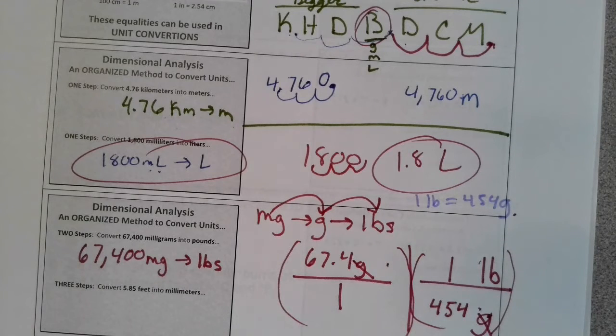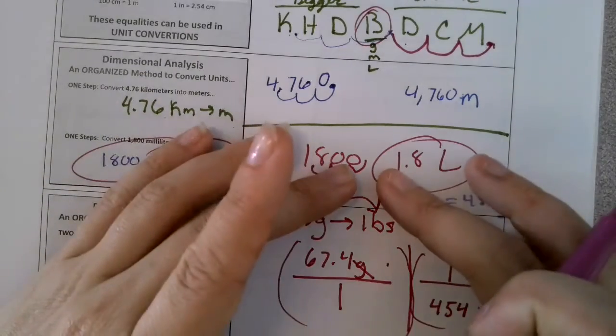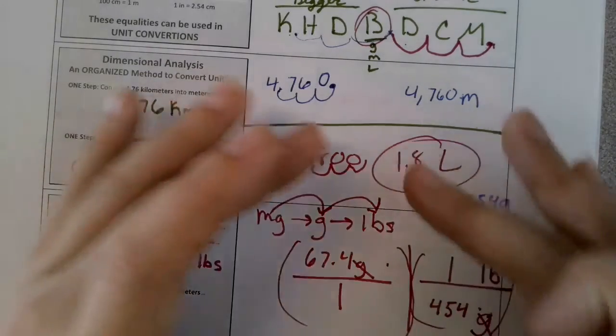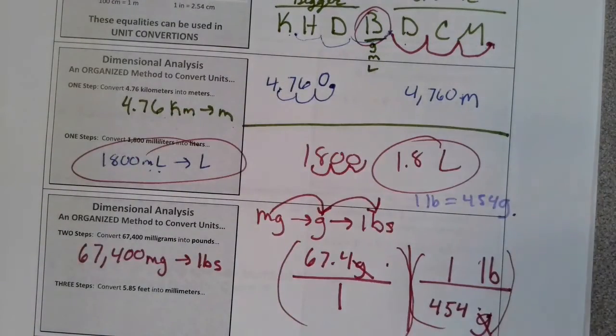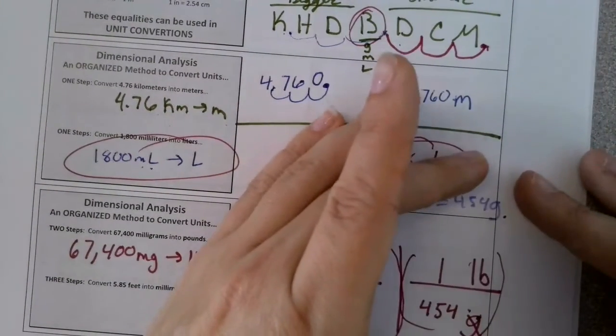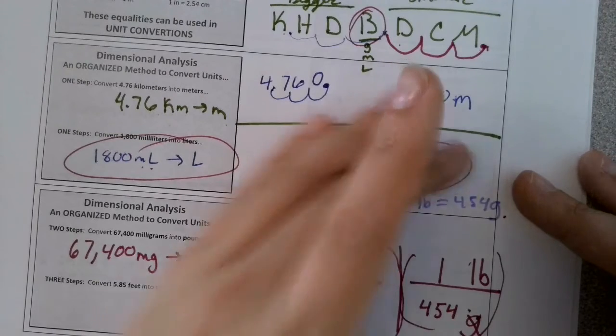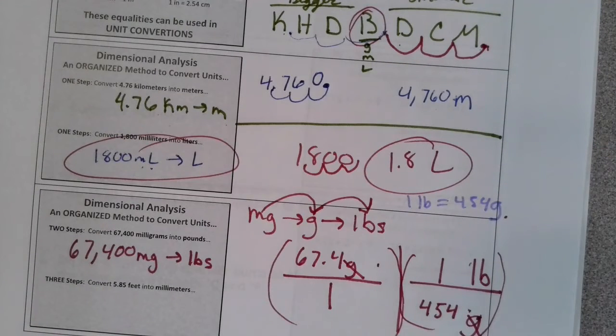So this is our simple 2-step process. Now, there are 2 ways you can do this. You can simply put into the calculator what you see here, parenthesis 67.4 divided by 1, parenthesis 1 divided by 454, and you can push equal.